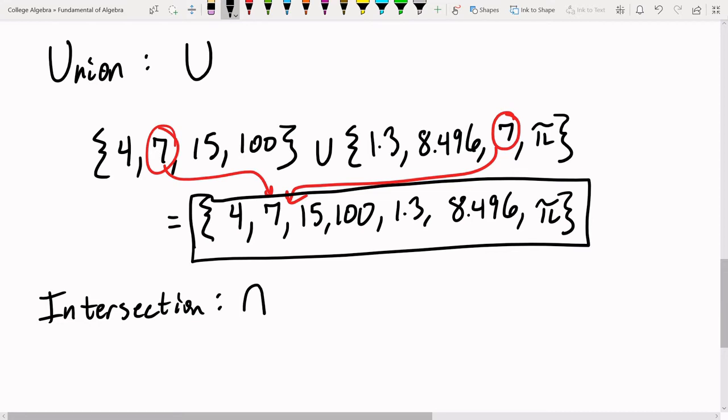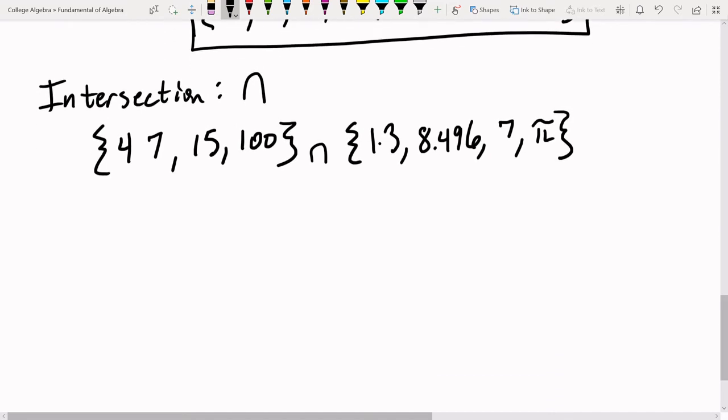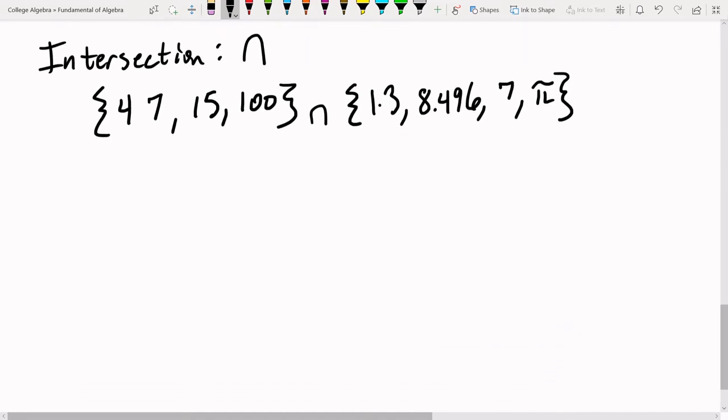So in the previous two sets, now instead of the union, we're going to do the intersection. This is asking what's in common, and the only thing in common here is the 7. So we say the set of 7 is the intersection. Like, where do they intersect? Where do they overlap? That kind of idea.